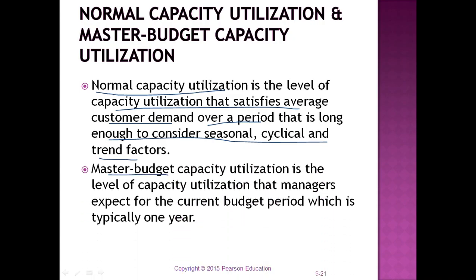And the master budget capacity utilization can be defined as the level of capacity for which you have made the plan for the upcoming period. I'm sure you remember what we mean by the word master budget, isn't it? The master budget is the plan that you made at the beginning of the period. So if I'm considering the master budget number of units, then that is my master budget capacity utilization, which I'm going to consider for the next period.